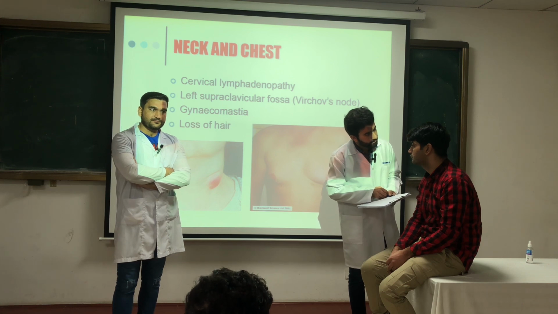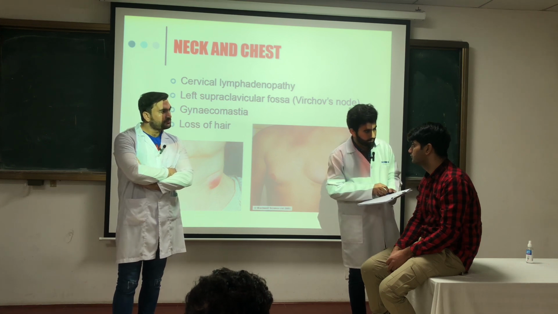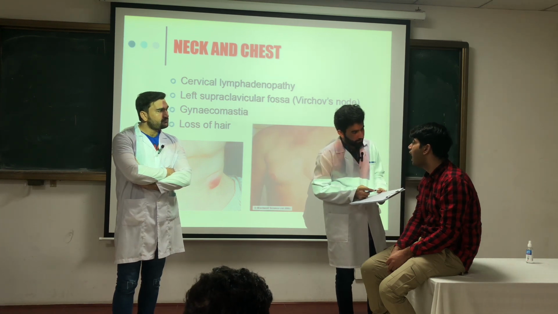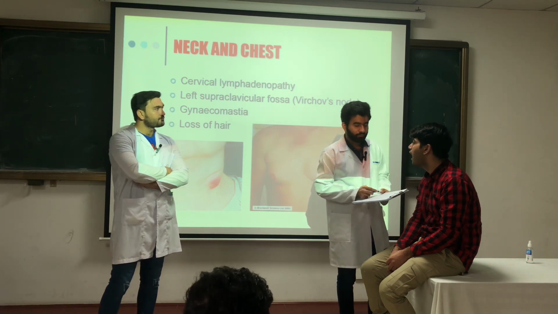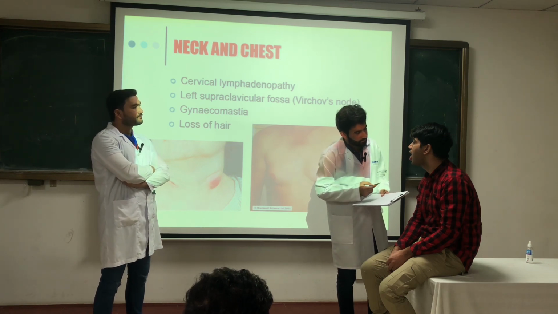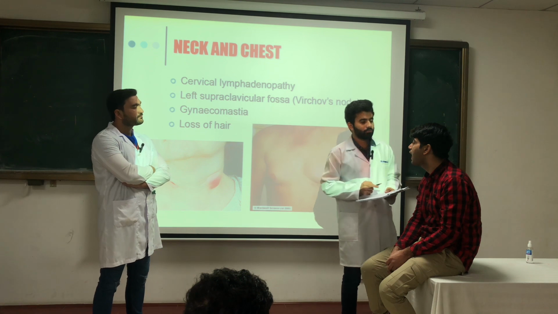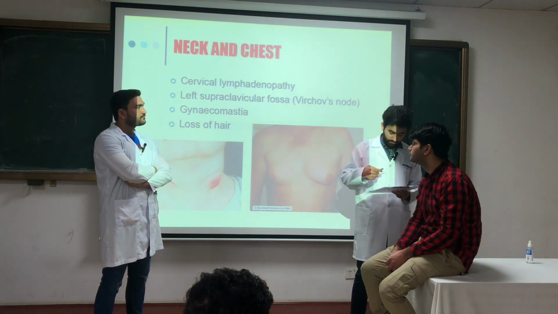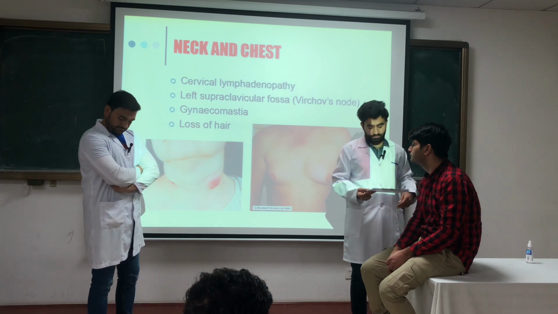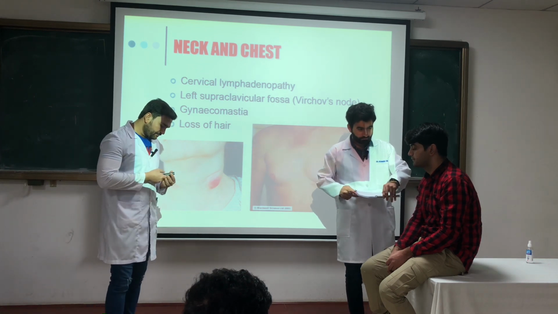Can you please look up and down? Sir, can you please open your mouth? In the mouth, we look for angular stomatitis. Please take your tongue out. We also look at the tongue for any changes caused by iron deficiency or folate deficiency.